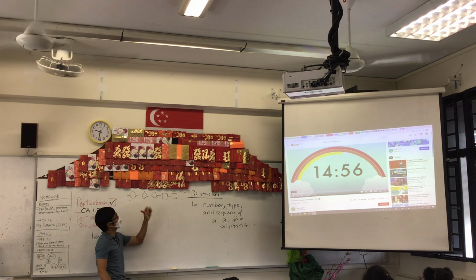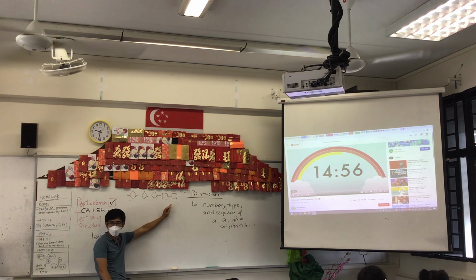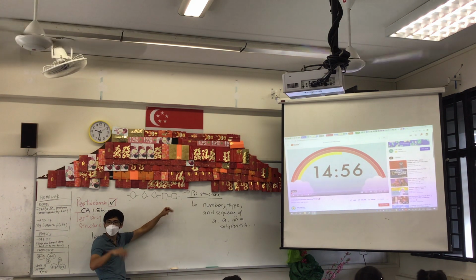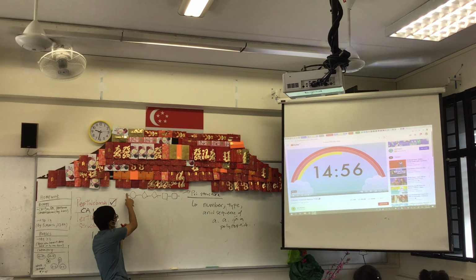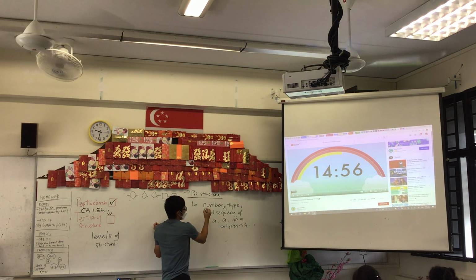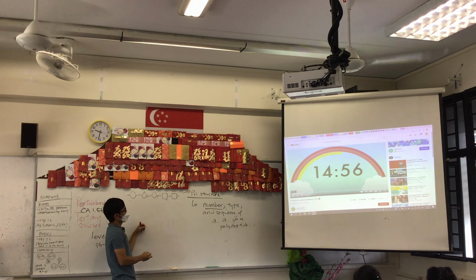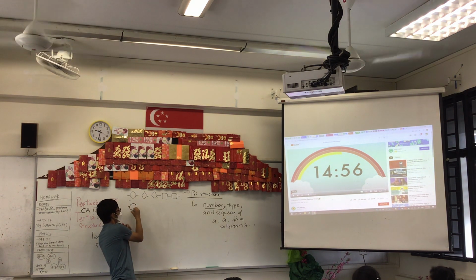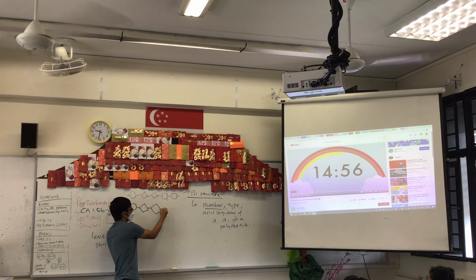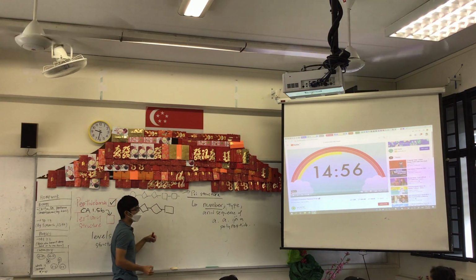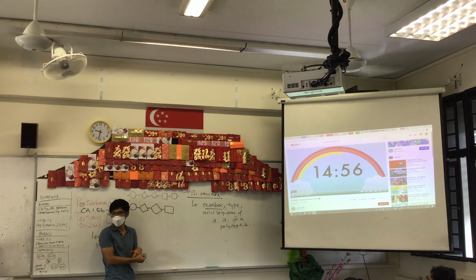For example, look at these 5 amino acids on the whiteboard. I'm going to show you 2 more primary structures using the same amino acids. First, let me change the number of amino acids. 1, 2, 3, 4. This is a different primary structure already.